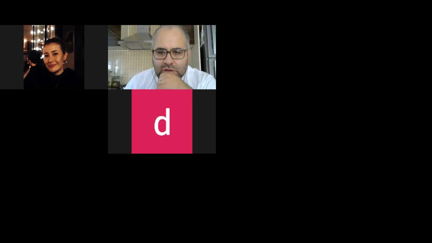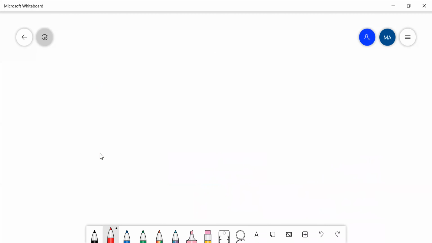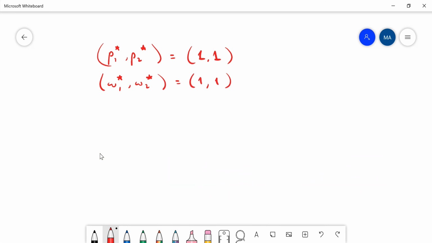But there's only one thing there. They solve this model using GAMS. They look at an equilibrium like this. All prices are equal to 1, and production levels equal to 100.